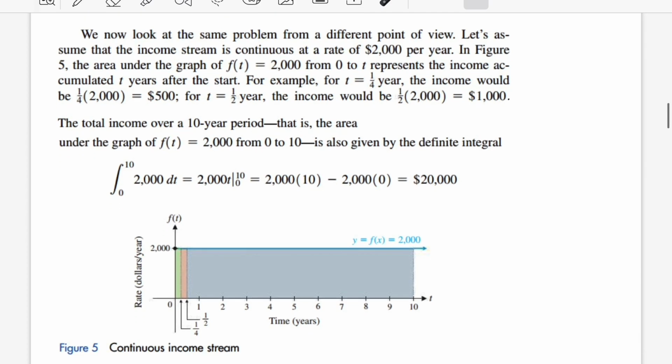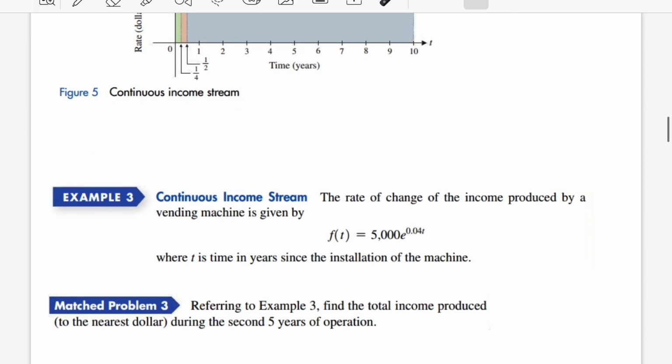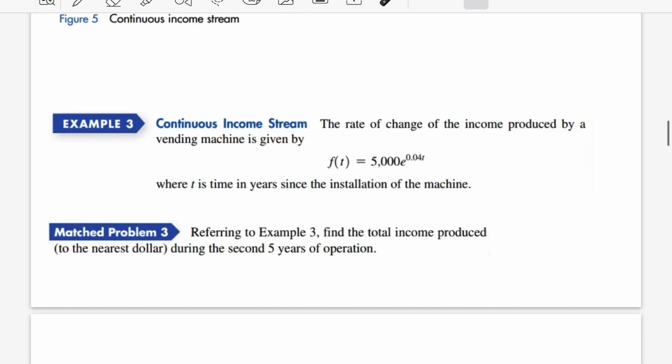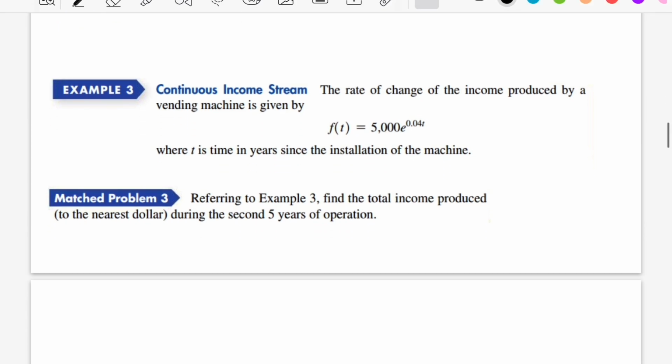So let's look at an example of this here. We're told that the rate of change of the income produced by a vending machine is given by this function here. And we want to find the total income produced, to the nearest dollar, during the second 5 years of operation.